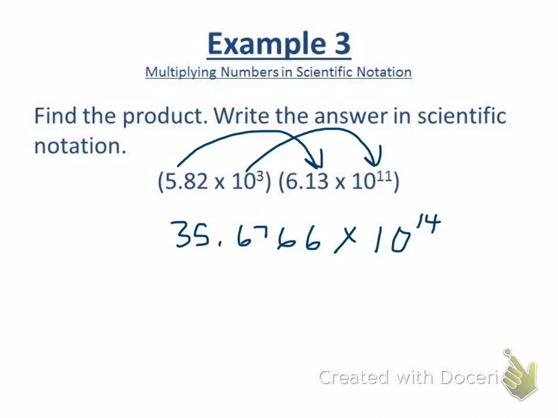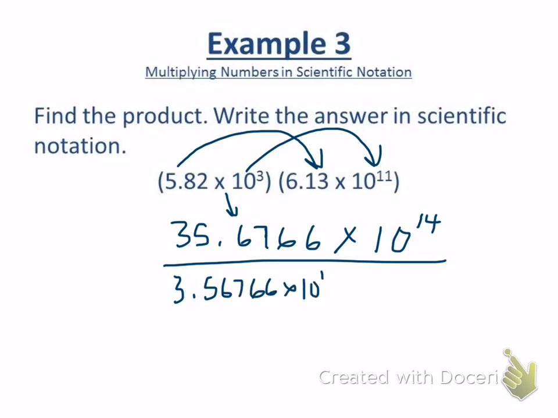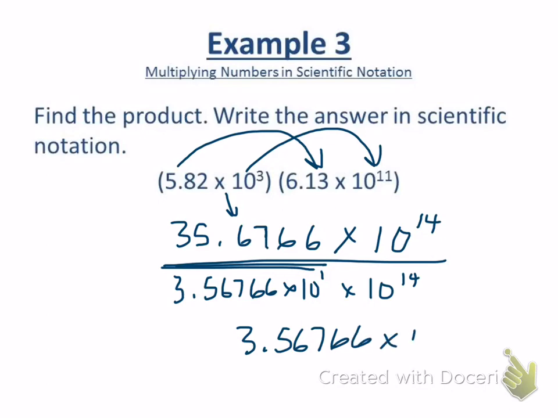Now, here's the question. Is this number in scientific notation? No. Why not? Because this value is bigger than 10. It's a big number, which means it has a positive exponent. This number in front is 3.56766 times 10 to the first power, right? This part has a positive exponent that's going to join this other positive exponent and give me 3.56766 times 10 to the 15th power.